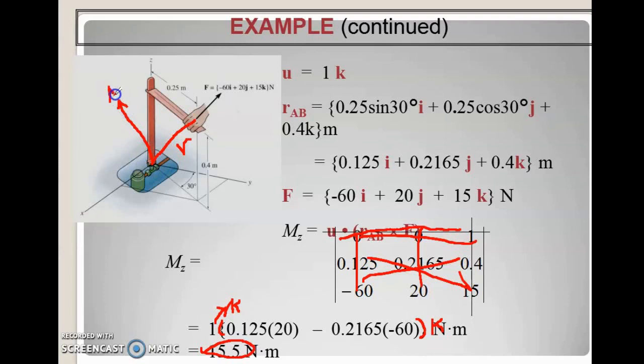The value of this moment you can simply get from the cross product. To get the moment about the z axis, you do the dot product between the unit vector of this axis and this moment. Okay, like this one. That's it.